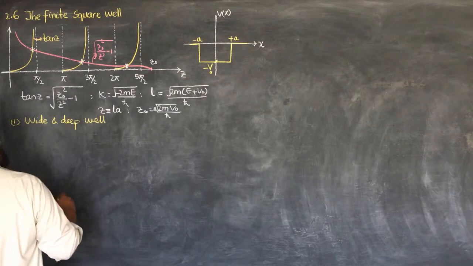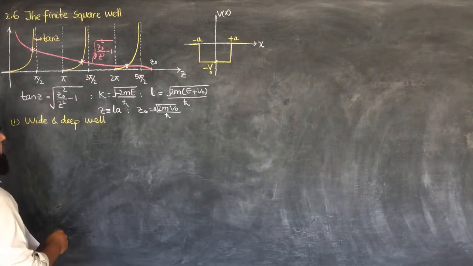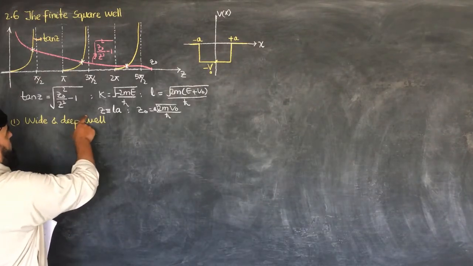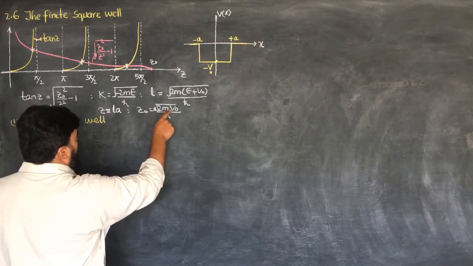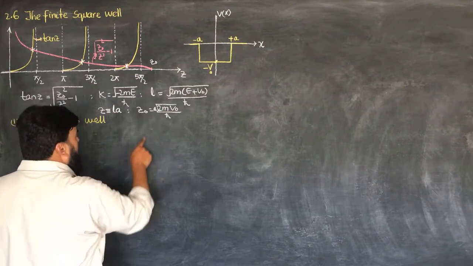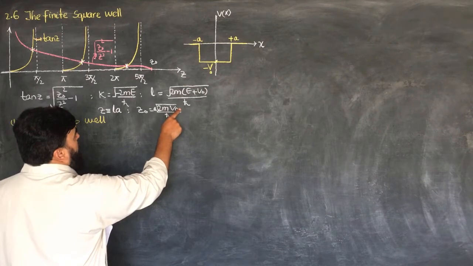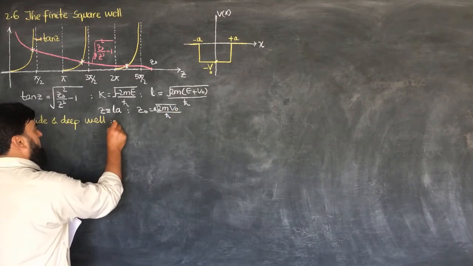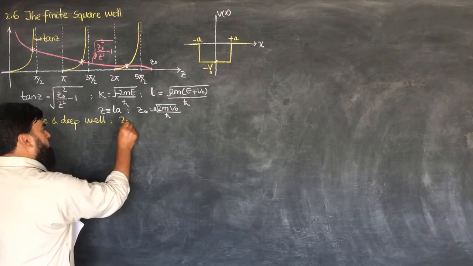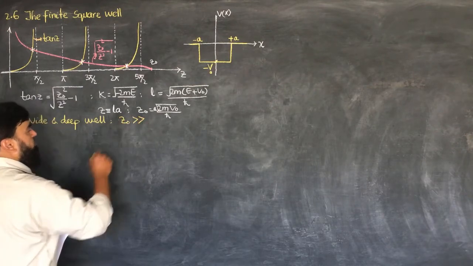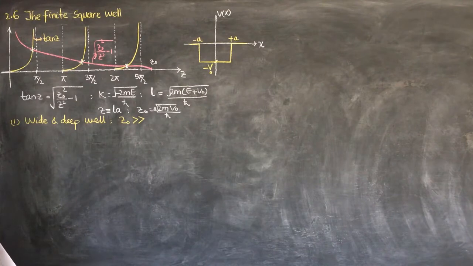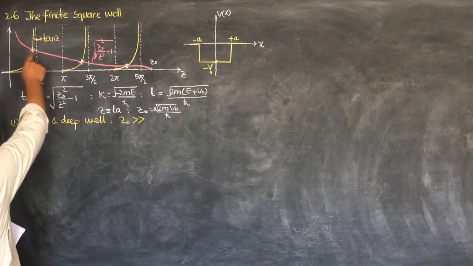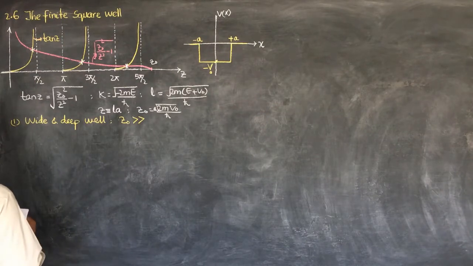So in this situation, if I look at this one, then z naught is equal to this. When it will become very deep, then v naught will have very high value. Then it means that this situation can be achieved when z naught will be very, very greater. So when z naught is very greater, then what will happen to our solution?